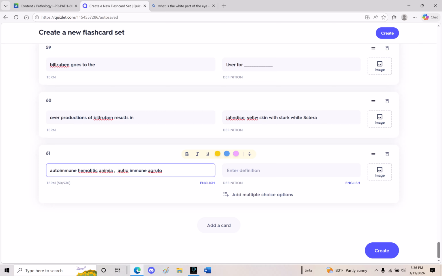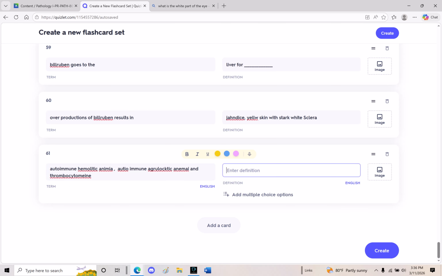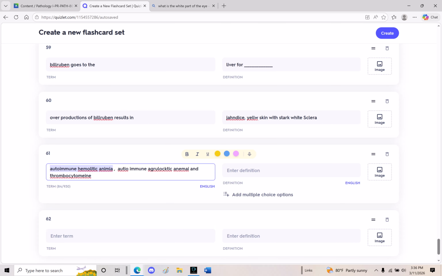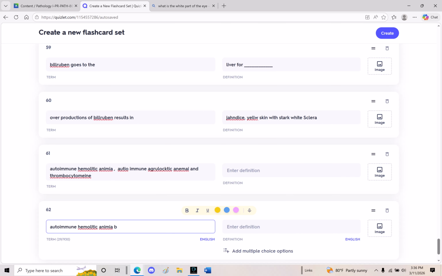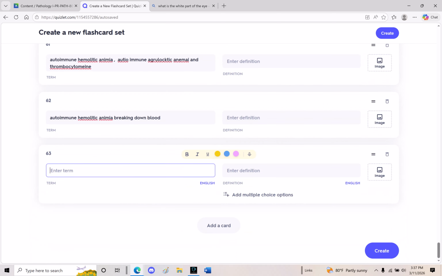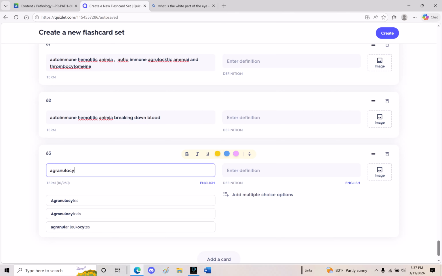It's clots, isn't it? Thrombocytopenia is platelets. So, hemolytic anemia means you are actively breaking down red blood cells, and it's resulting in you not having enough. Agranulocytosis means you do not have granulocytes. Granulocytes are white blood cells. And thrombocytopenia means you do not have enough platelets.